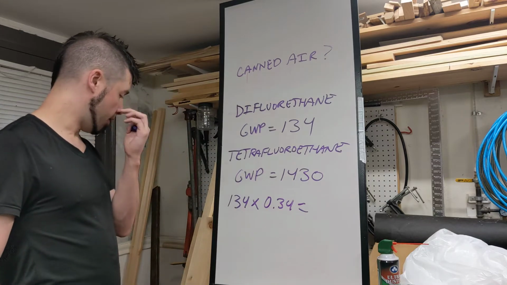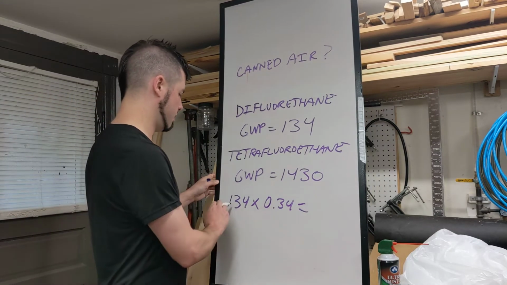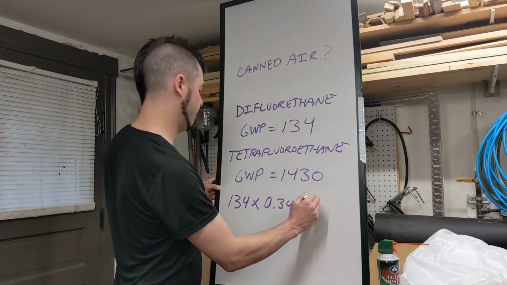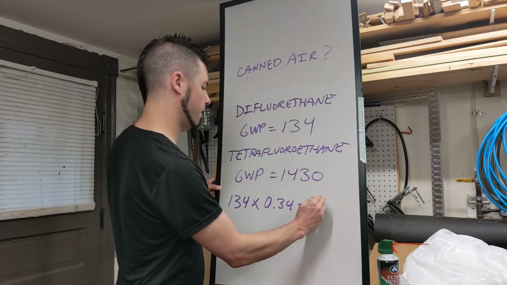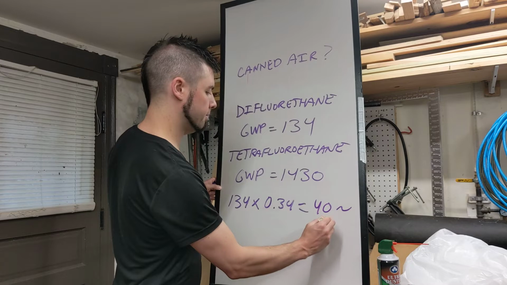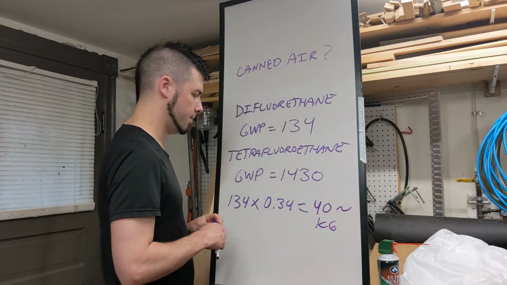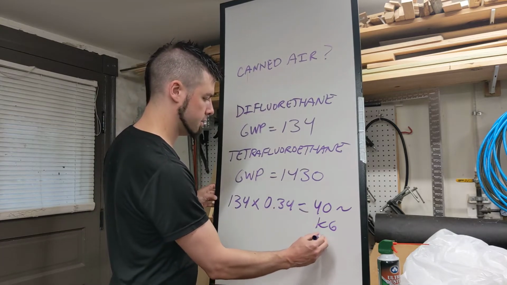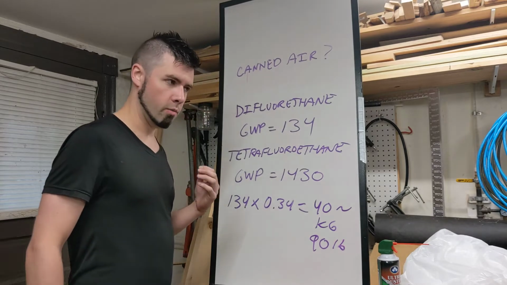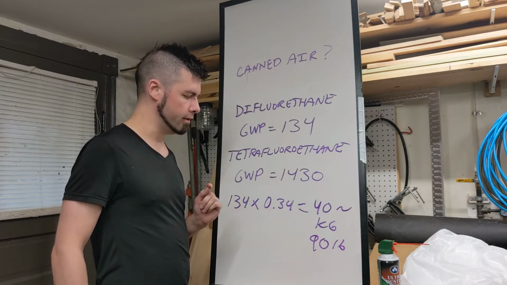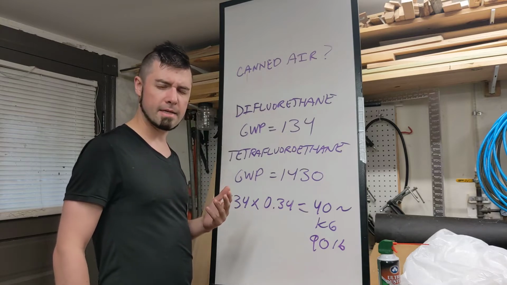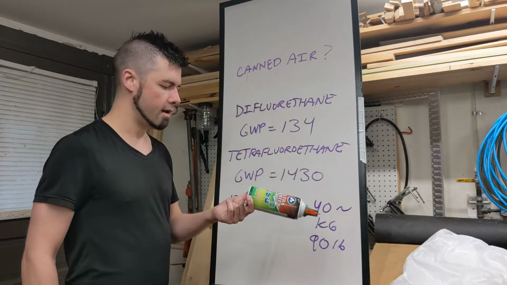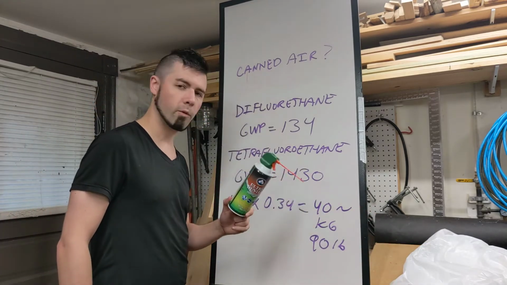So it's like about a third of a, divide that by 3, it's like 40 and change kilograms of carbon dioxide. So we know that 40 kilograms is something like 90 pounds. When you burn 1 gallon of gasoline, you make about 18 or 19 pounds of CO2. So this container is the same global warming effect as burning like 4 gallons of gasoline.